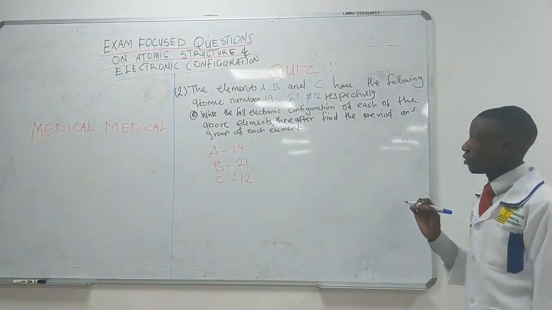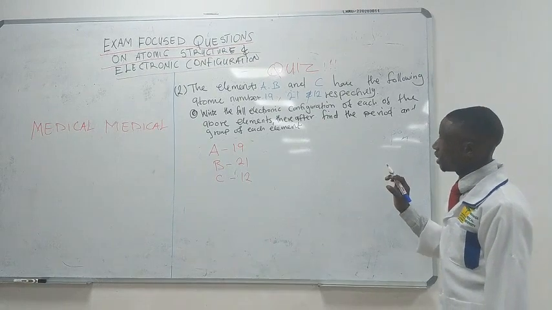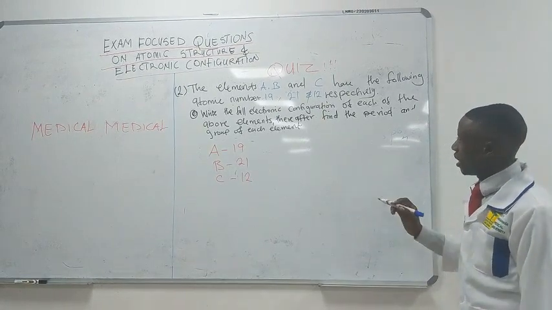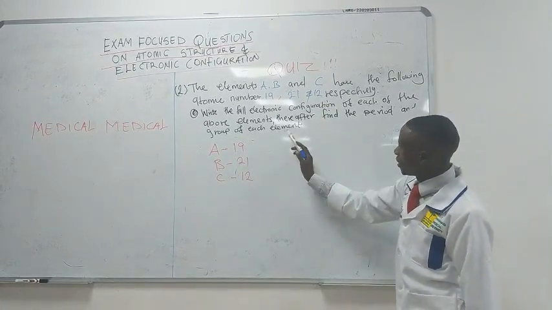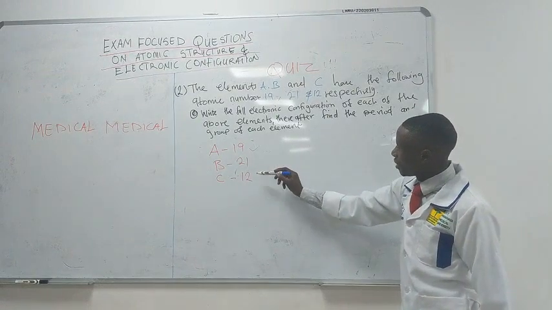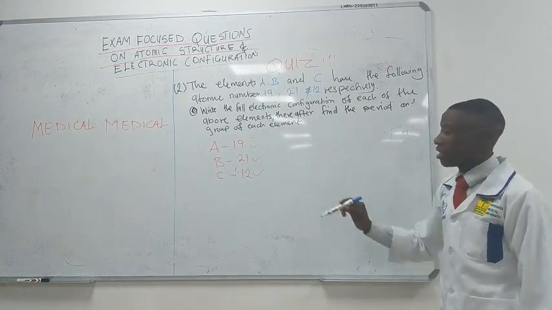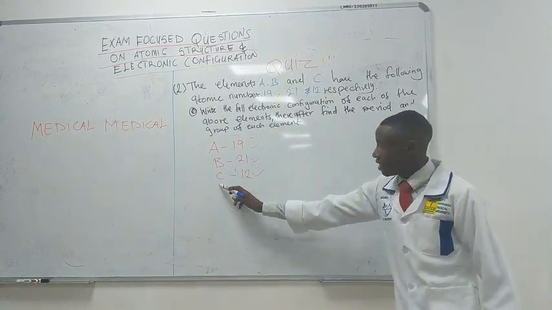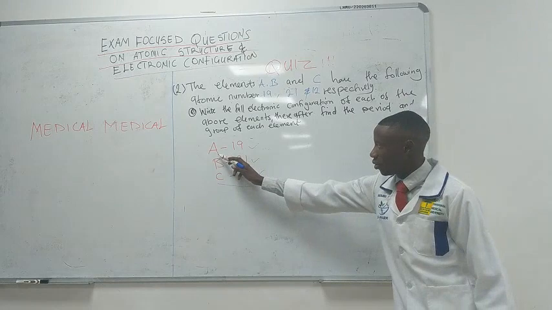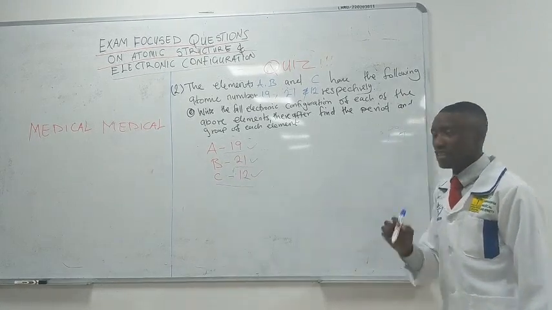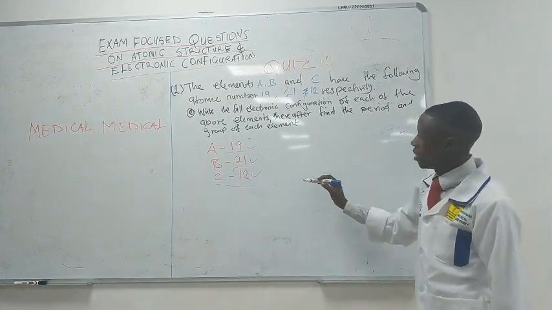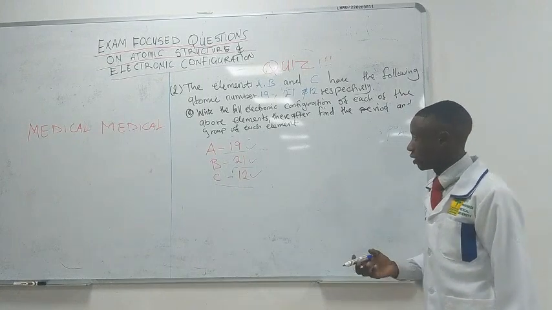You should be able to solve this question at your own time. We have elements A, B, and C. You should come up with the electronic configuration of these elements, and in the next session we are going to address them and give you the solution.